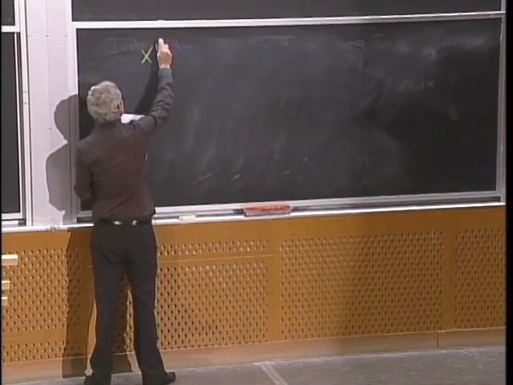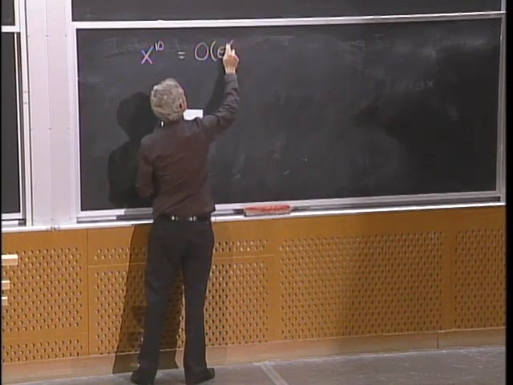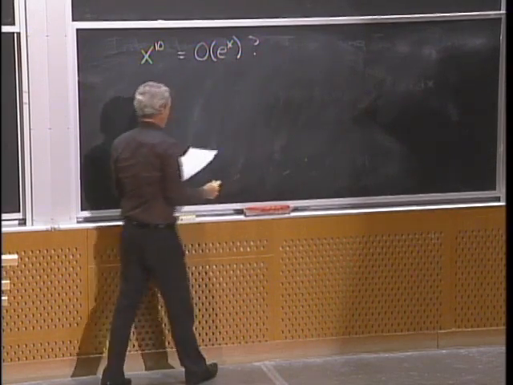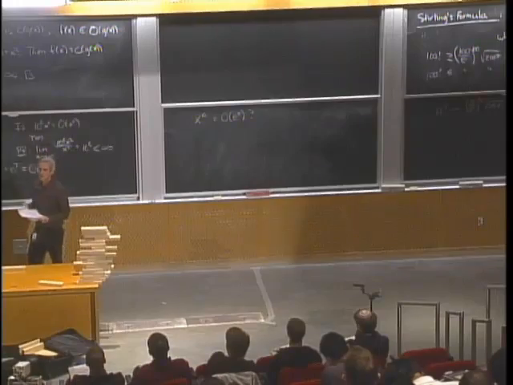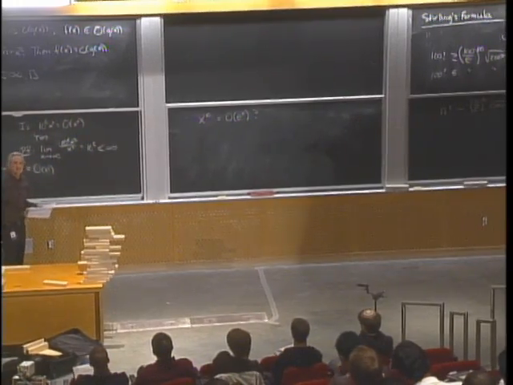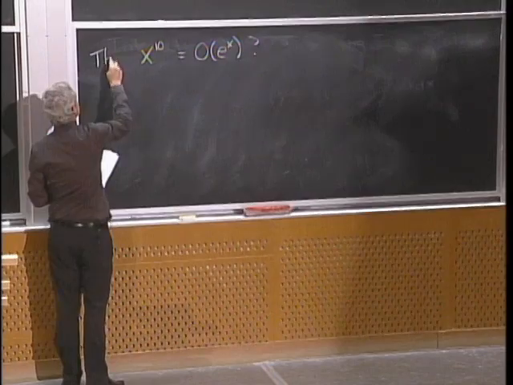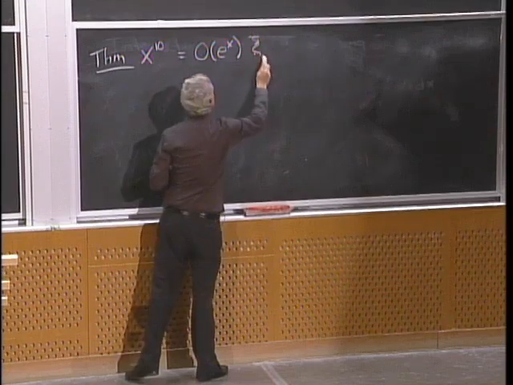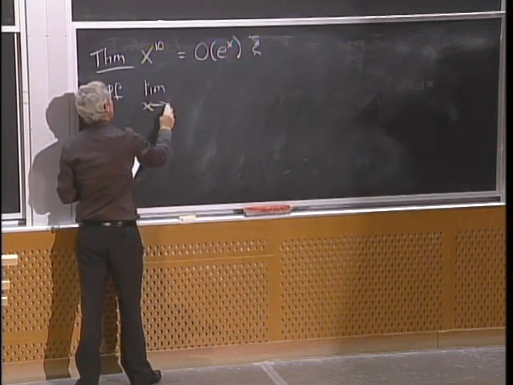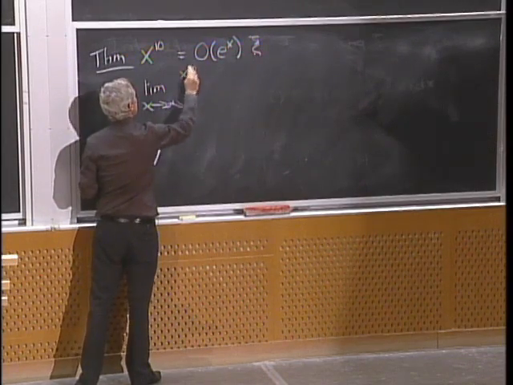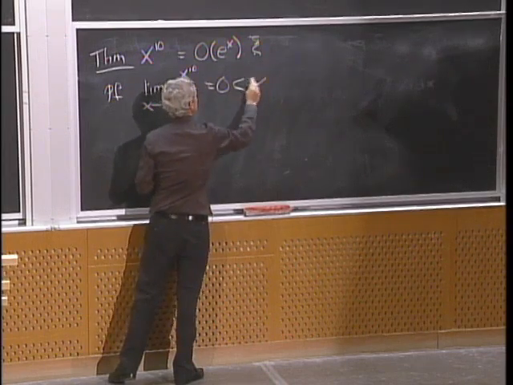Is x to the 10th O of e to the x? Yeah, it is. This is a theorem. Proof: the limit as x goes to infinity of x to the 10 over e to the x equals 0, which is certainly less than infinity.